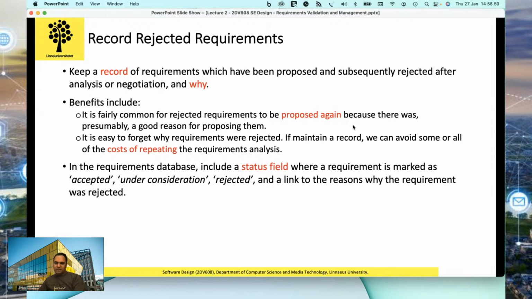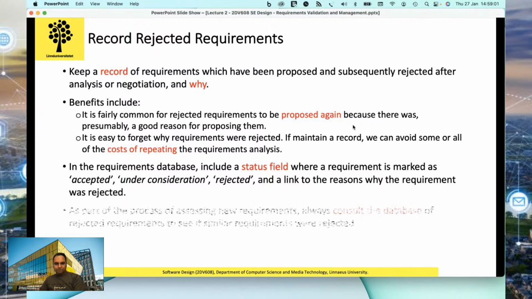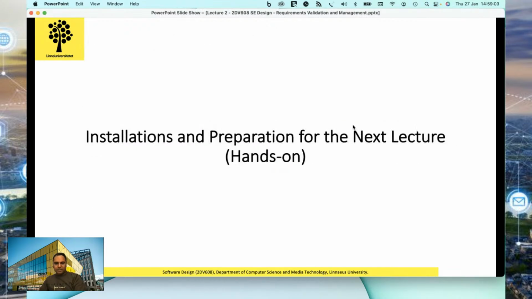So these rejected requirements might be accepted in the future, who knows. So it's better to keep the rejected requirements rather than forgetting them. Okay, so that was about the requirements management part.